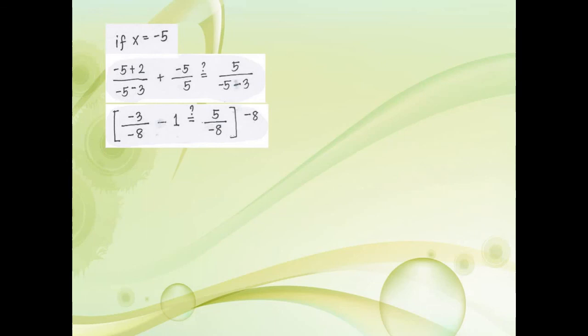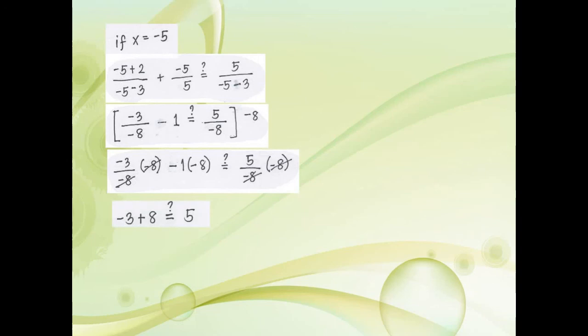We shall now multiply both sides of the equation by negative 8 because it is the LCD. That results to negative 3 plus 8 is it equal to 5. So 5 is equal to 5.